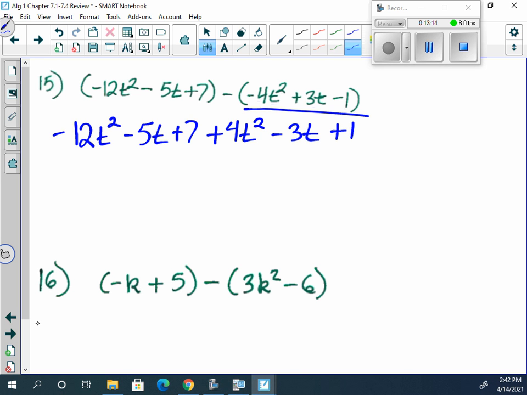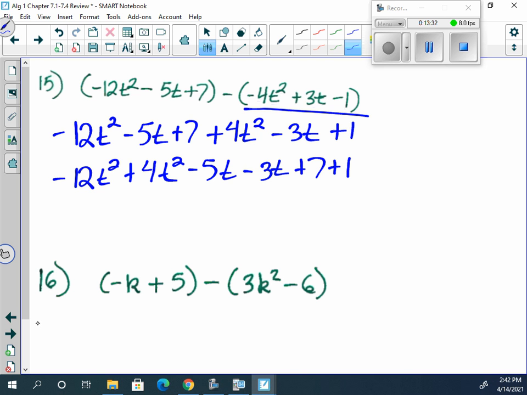Now again, like I said before, if you can combine the like terms here, go on and do it. You don't have to rewrite them out next to each other. We can say negative 12t squared plus 4t squared minus 5t minus 3t plus 7 plus 1.